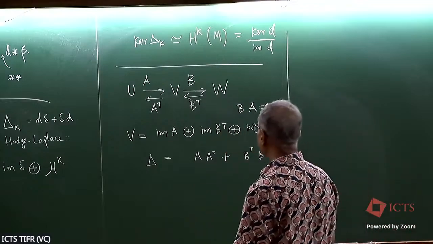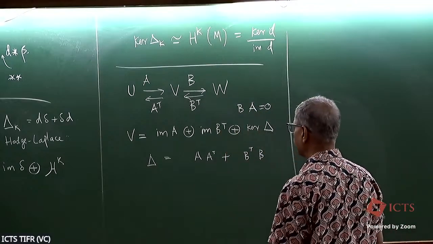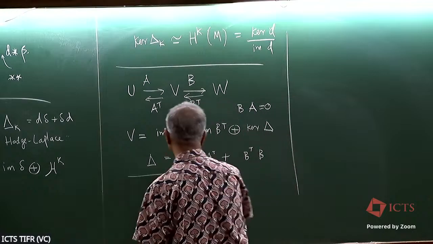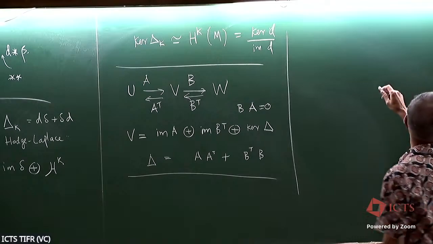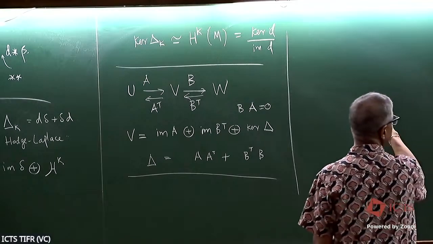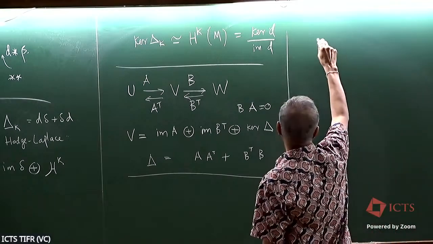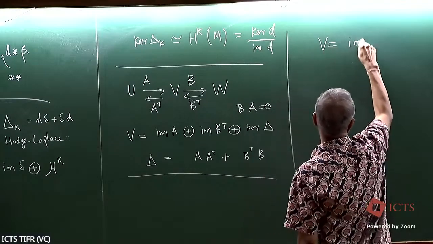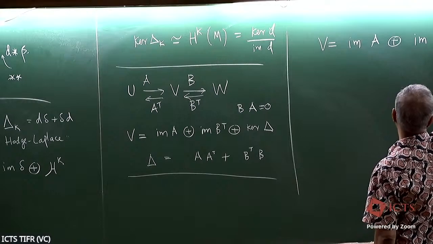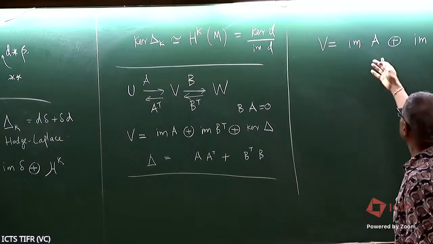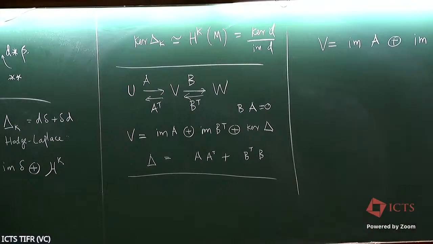So let me see if I can do this from memory. I think the way this will work is V can clearly be written as some space plus its orthogonal complement.